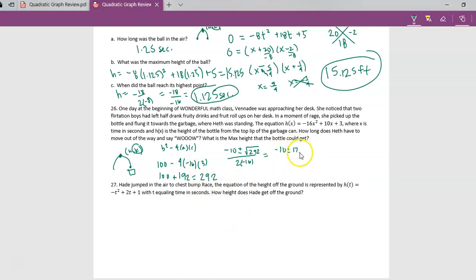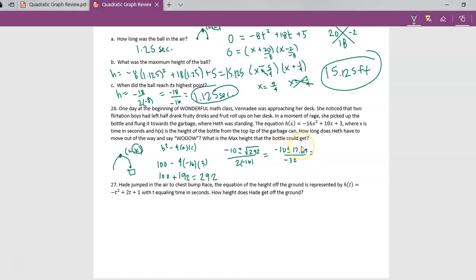So on this one, I'm not going to worry about keeping it in exact form because I'm looking for seconds here. So I'm going to want the positive solution here. So if I do negative 10 plus 17, I'm going to have a positive over a negative, which will give me the negative solution actually. So I want the negative one.